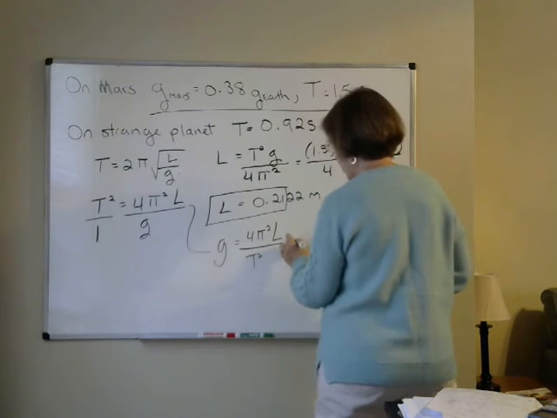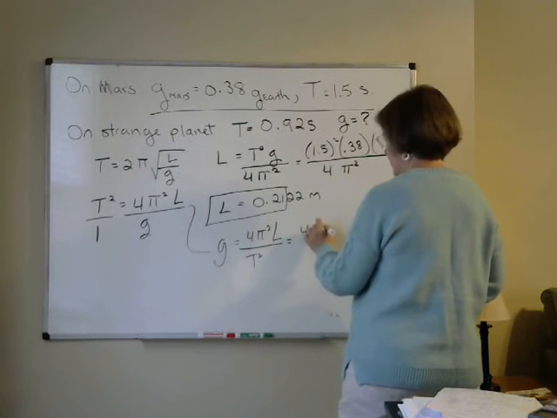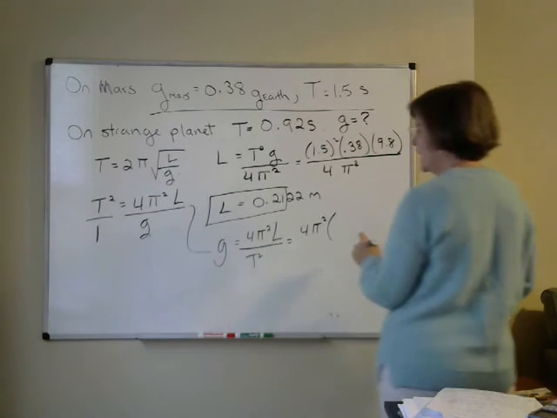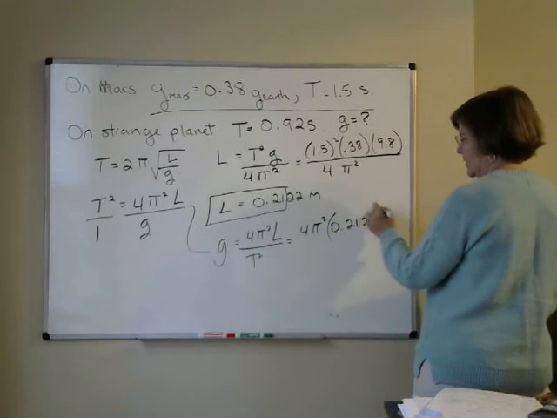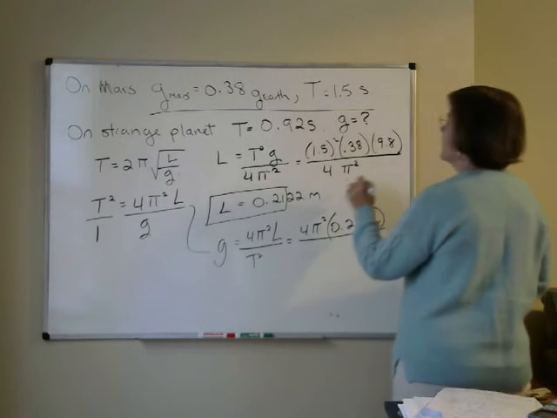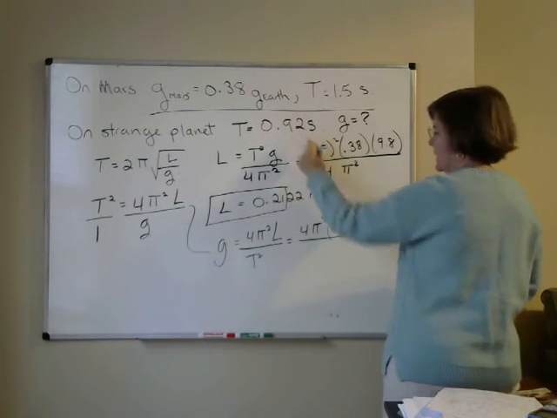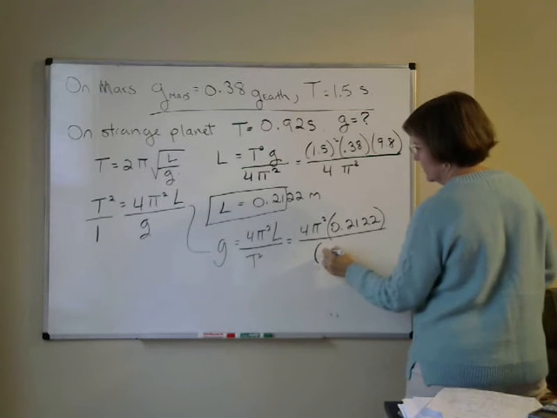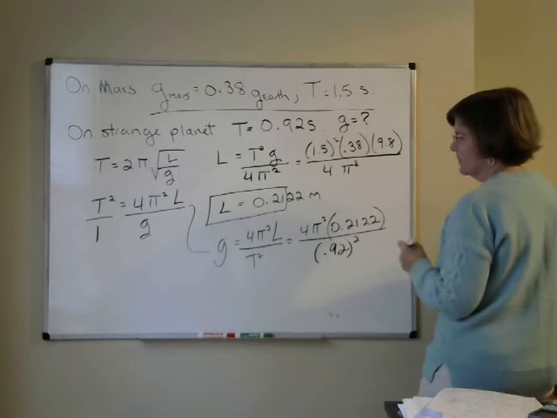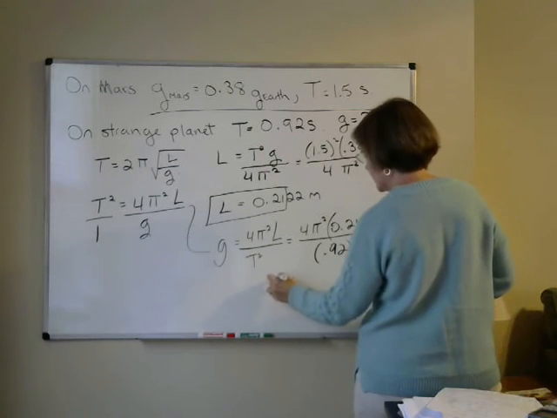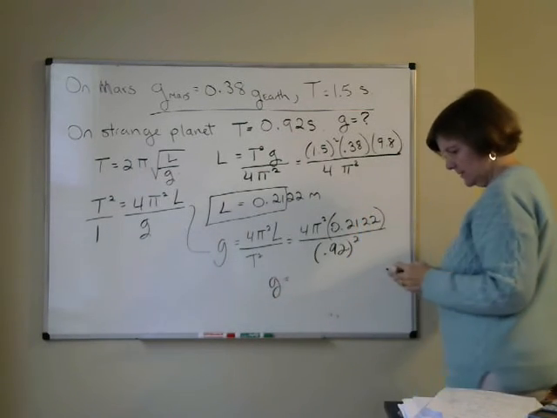So he's on the new planet. We know the length of his pendulum that he carries around, and the period on this new planet was 0.92. Let's see if we can solve for what the gravitational constant is.